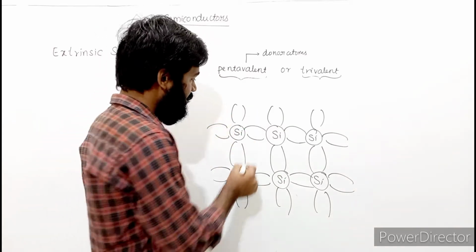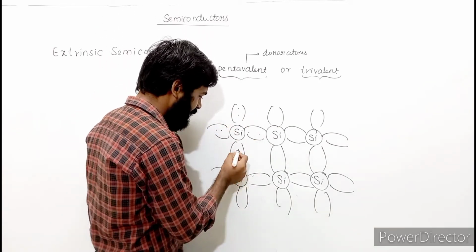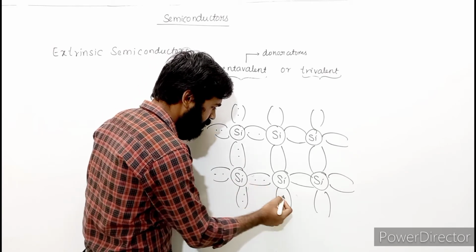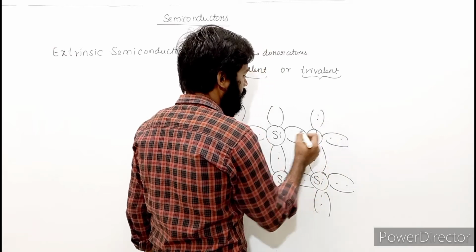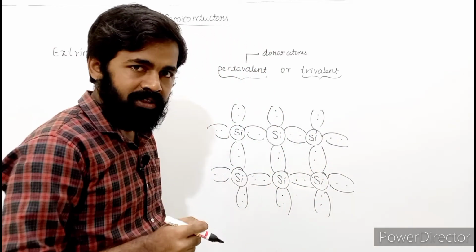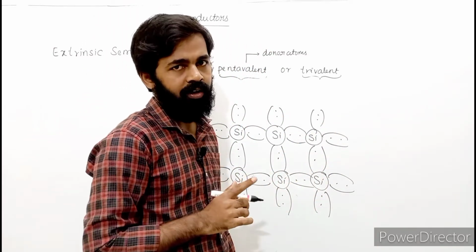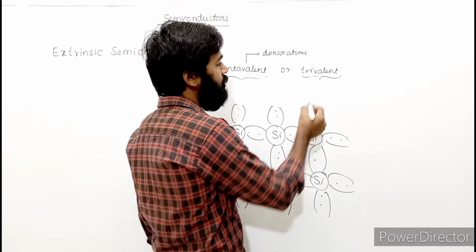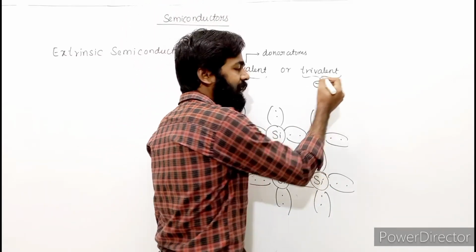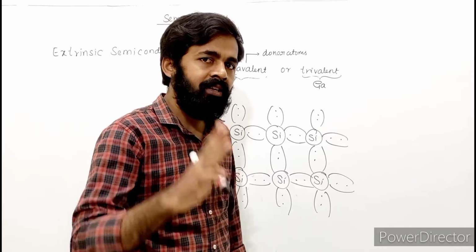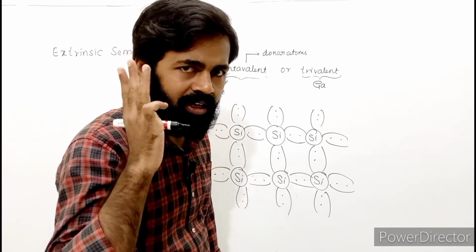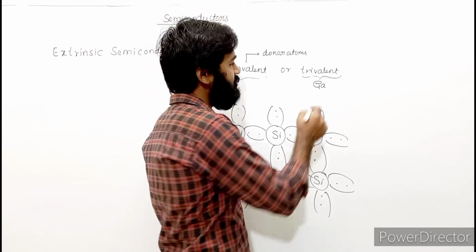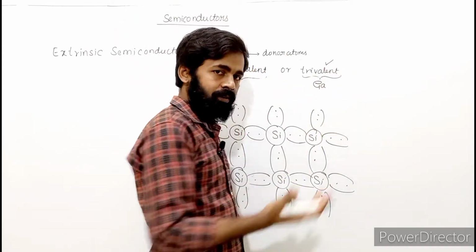These are forming covalent bonds, and in each bond there are 2 electrons. Now what happens if I add a trivalent impurity? For example, let's take gallium. Gallium has 3 electrons in the outermost shell, or valence shell. That is why it is called trivalent, tri for 3.